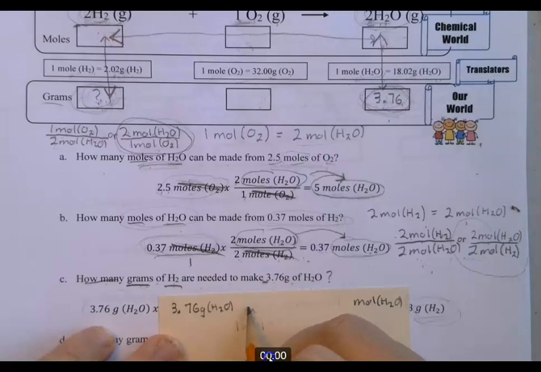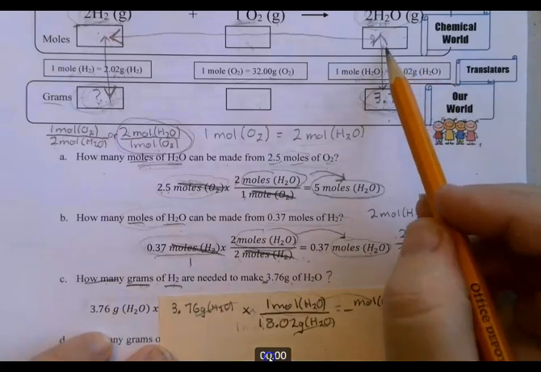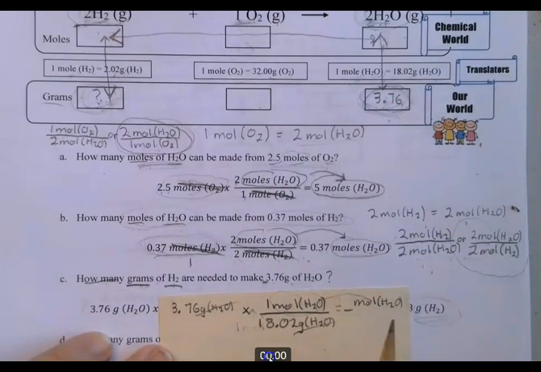So I'm going to say this is times 1 mole H2O for every 18.02 grams of H2O. Okay? So the math here is grams of H2O cancels with grams of H2O, and I end up with moles of H2O right there. And that's what I'm going to end up with, that number right there.